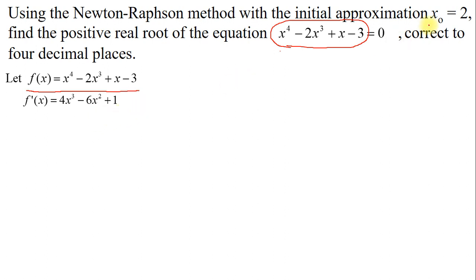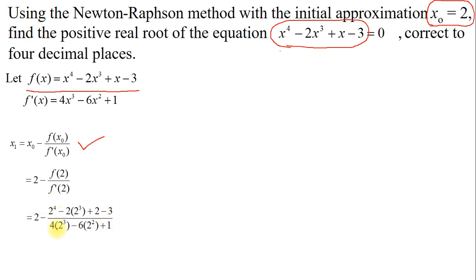Now, by using the initial approximation x0, we are able to get the first approximation x1 just by substituting it into the formula here. So you need to show the working. Remember, you need to show the working of the formula. Substitute 2 into the formula and then show this working.